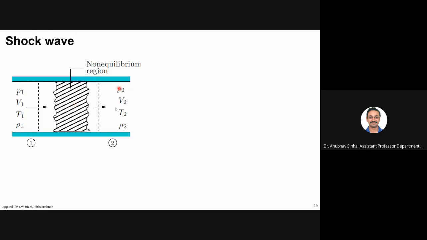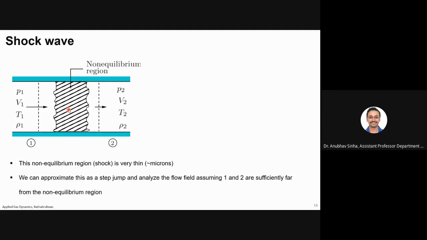If I know these two and I know how these properties vary, this is good enough for me. I am not very keen to probe inside the shock. Anyway, for all practical applications, this thickness is very small, of the order of microns. It will not give me much advantage to know what is going on inside.